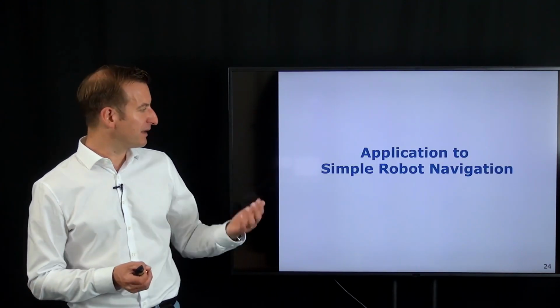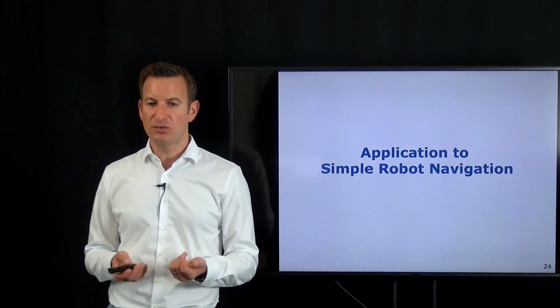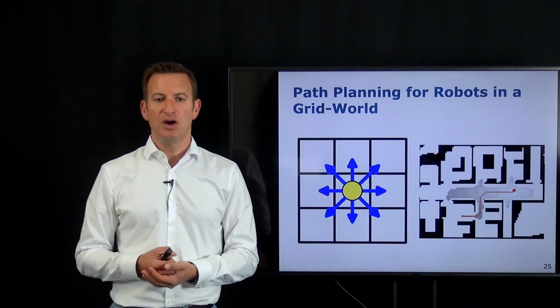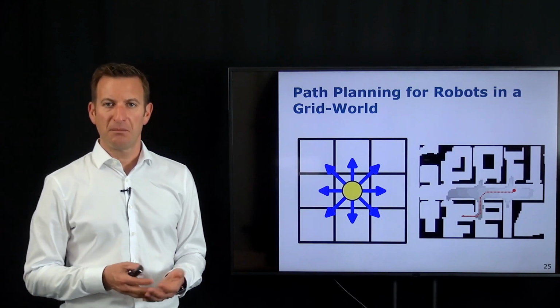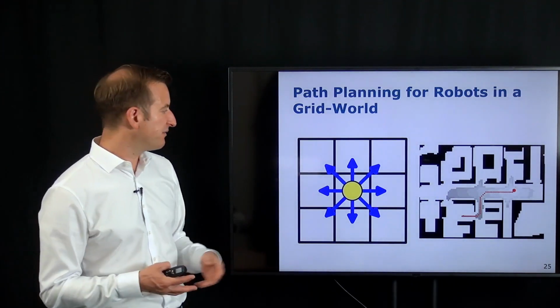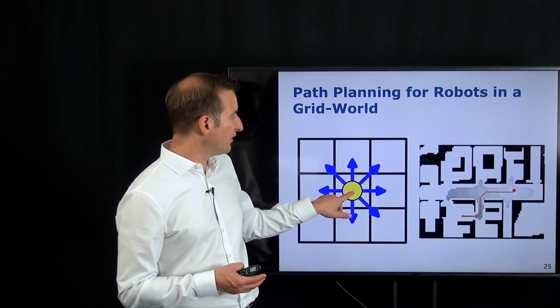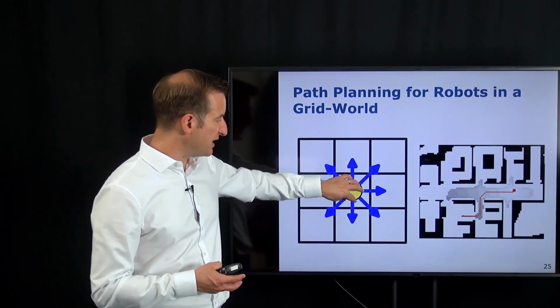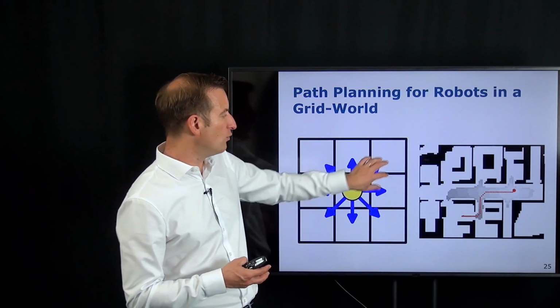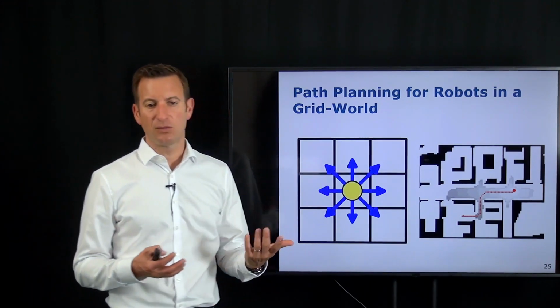So now we're looking at the application of this A-star algorithm to, let's call it, simple robot navigation. It's a 2D map of the environment, a grid map, and we assume if a robot sits here, it can travel to all its neighboring states. You can achieve this by rotating the robot on the spot and then moving into one of those cells.